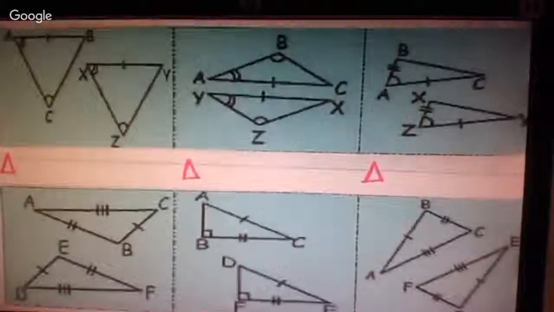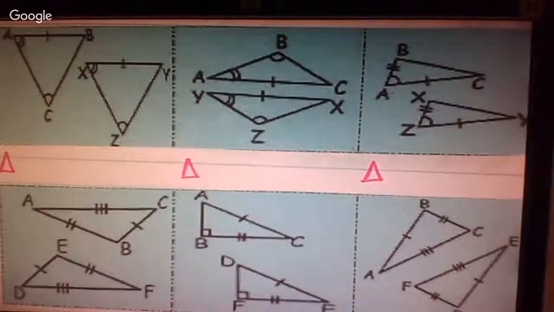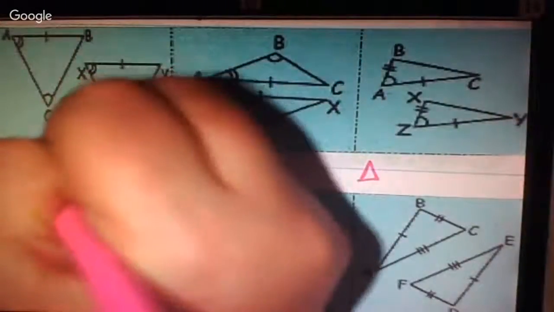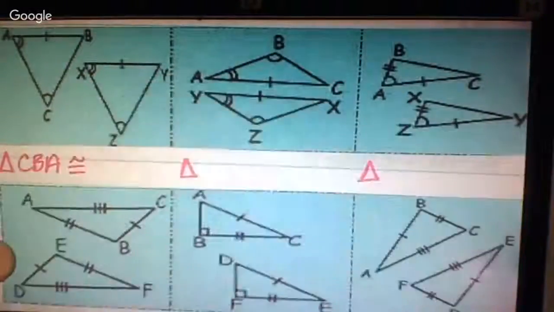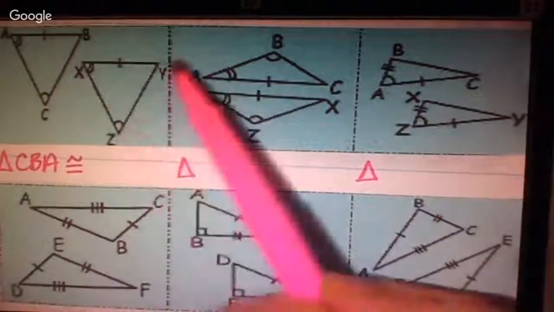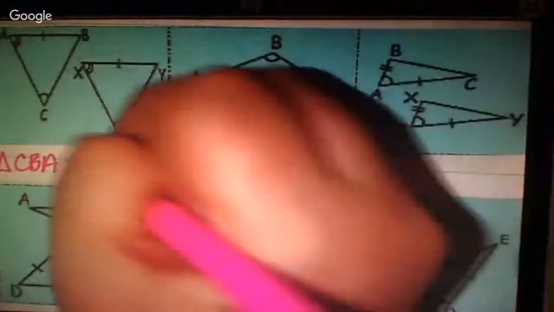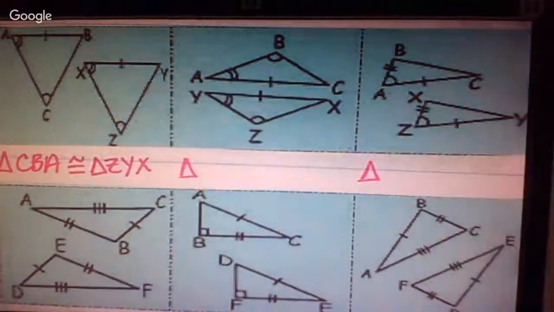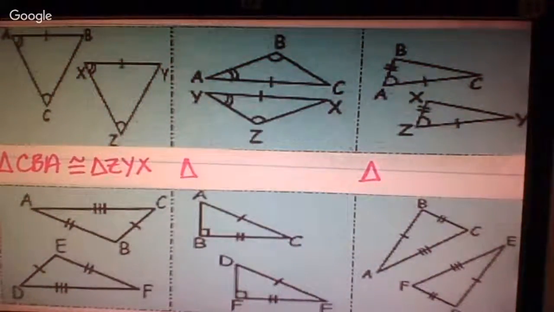Bobo, give me your congruent statement for this one. Probably wrong, but I put CBA. Okay, you went CBA, ZYX. So then ZYX. Perfect. Can I do the next one? Okay. Remember, yours doesn't have to match his.